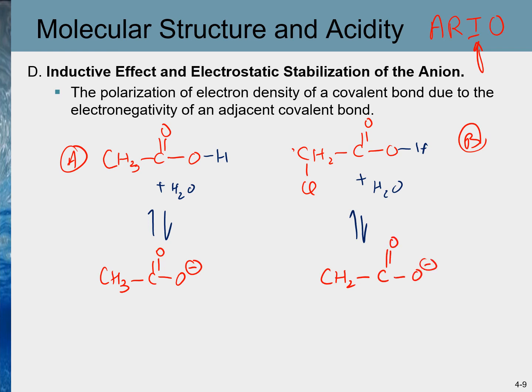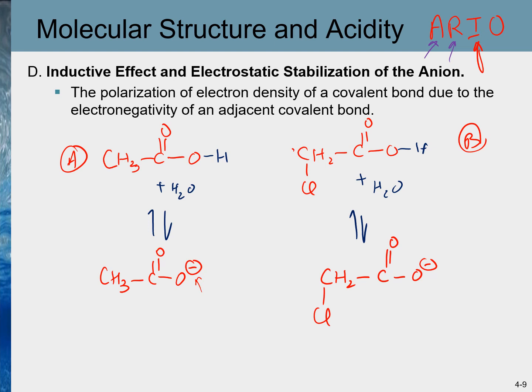Now, the first two factors, the electronegativity of the element and resonance, will not help us to distinguish the relative strength of these acids, because in both cases the negative charge is present on the same element, which is oxygen, and in both cases we have the same number of resonating structures.